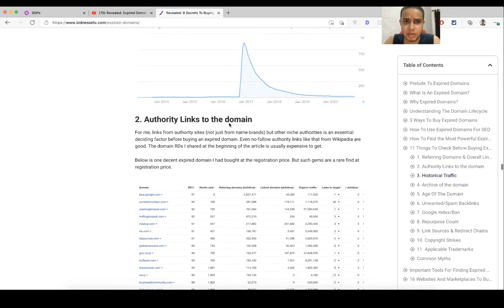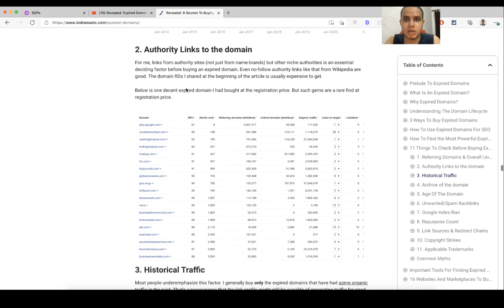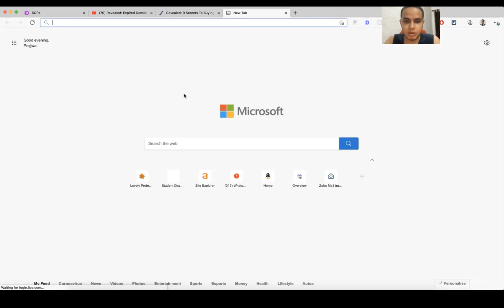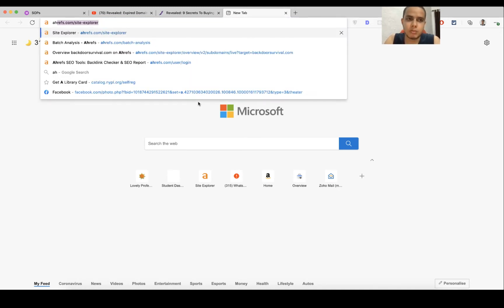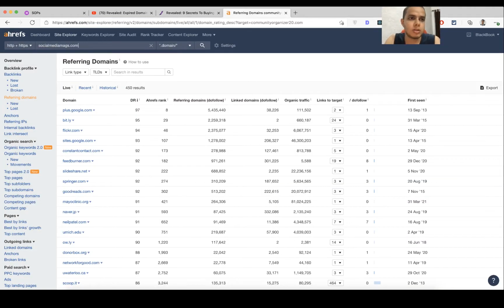The second thing which we have to see is the authority of the links that are coming to our site. So for example, if I talk about a domain that has very good links, let's see, just check out this site.